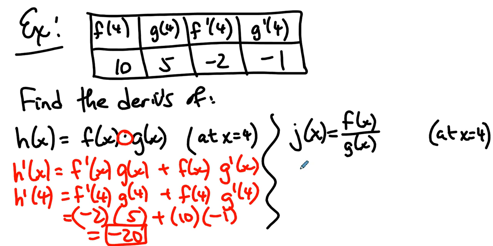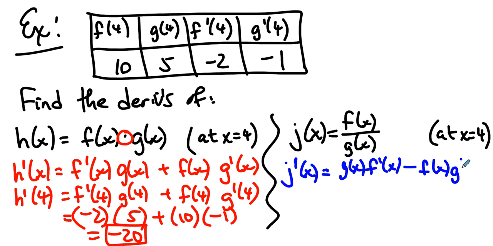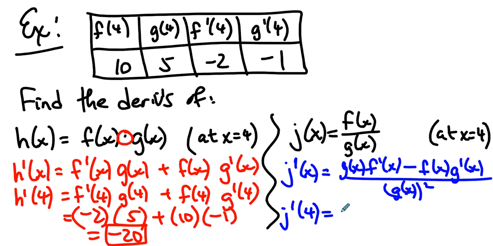On the quotient rule side, it's the bottom times the derivative of the top minus the top times the derivative of the bottom, all over the bottom squared. So when we find j prime of 4, that's g times f prime minus f times g prime over g squared.